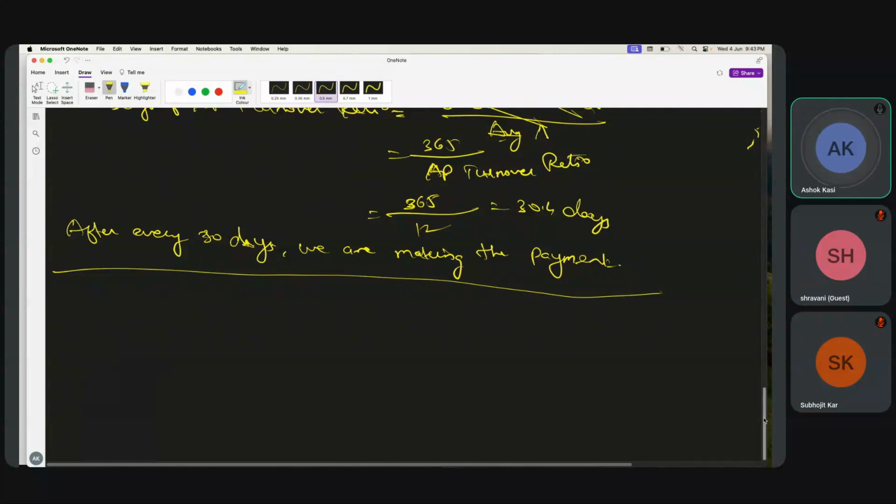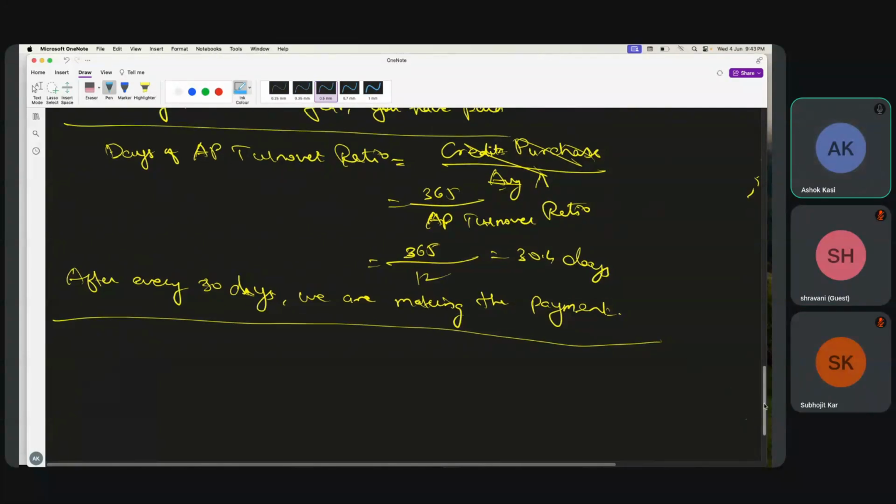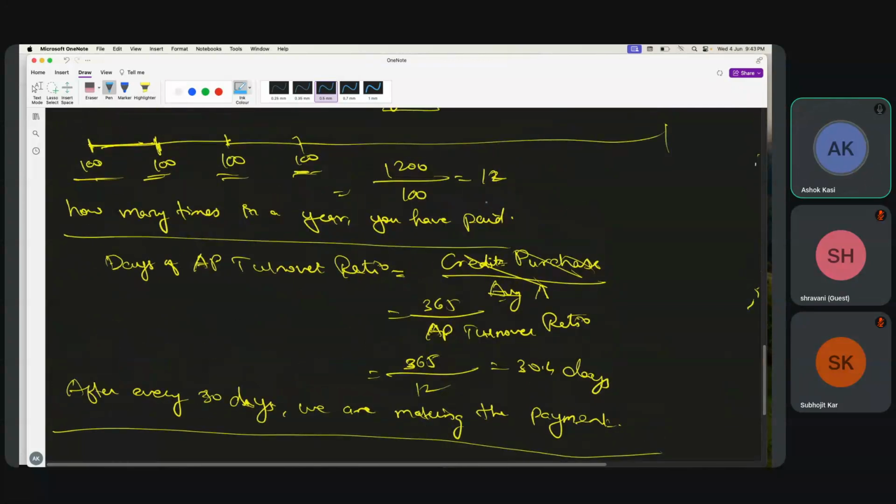Is this okay? Understood this one? Yes, sir. Okay. Next one, so this is about managing accounts payable. Here also, if the turnover is less, it is good only. You are paying less number of times.